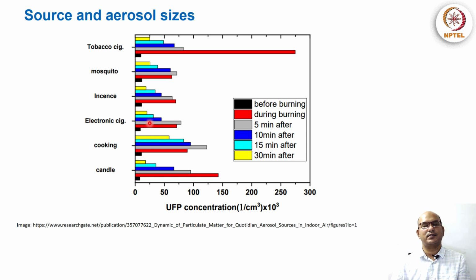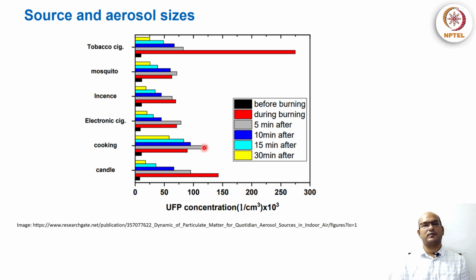This is e-cigarettes. E-cigarettes also perform similar to incense during the activity. Then there is a slight increase after, again maybe due to formation, nucleation and accumulation of particles, and then they are decreasing. Cooking is also the same. The concentration increases almost 6 to 7 times during the cooking, but there is even higher concentration 5 minutes after. Again this indicates the formation of secondary aerosols.